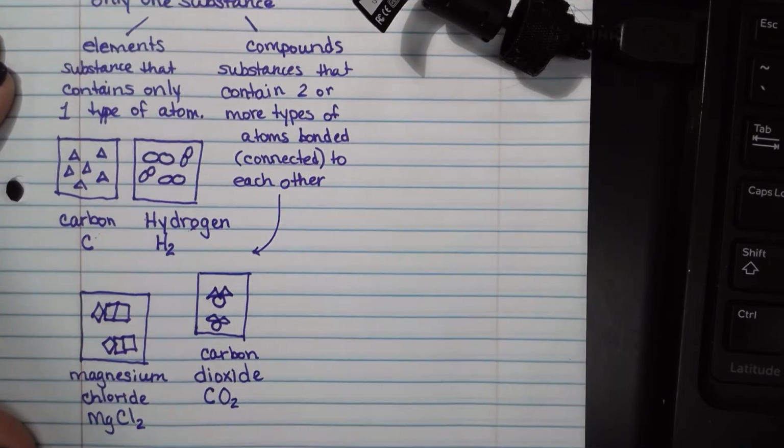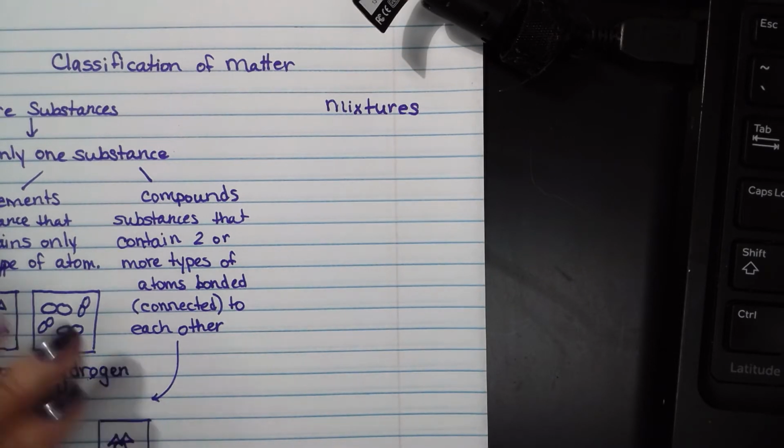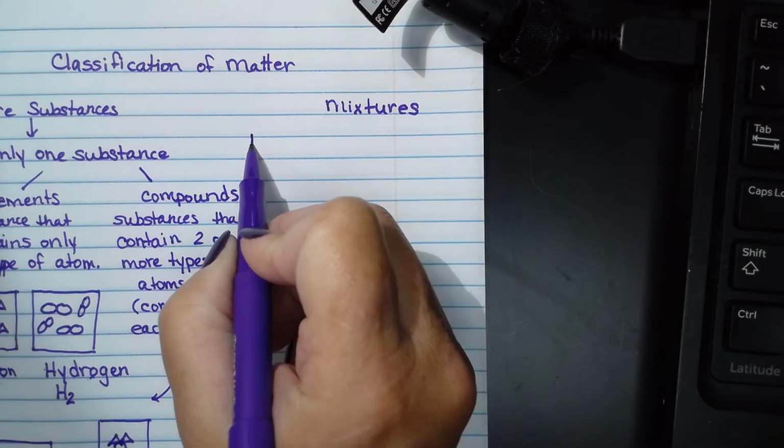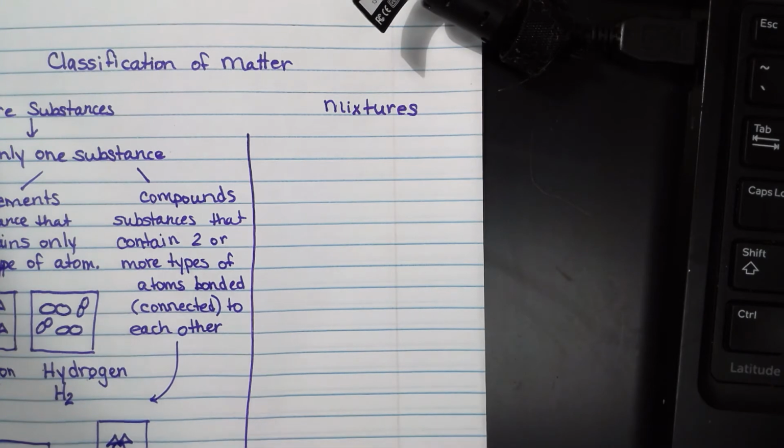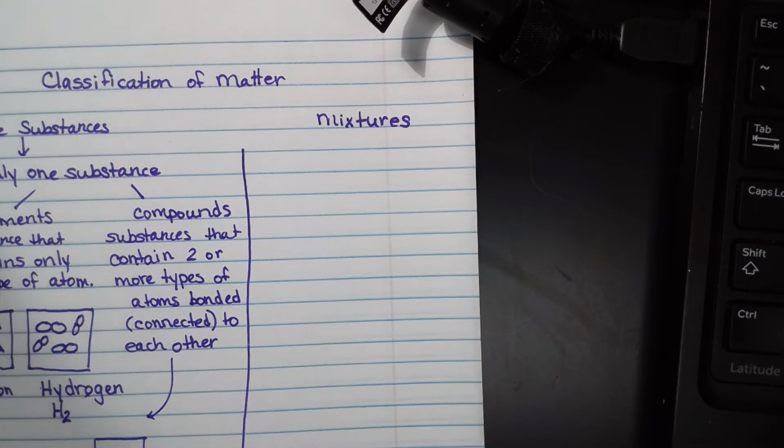The next thing we want to talk about is mixtures. When we start talking about mixtures, again, there are two types, but let's define mixtures first.